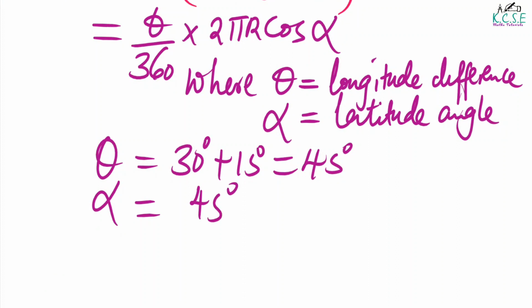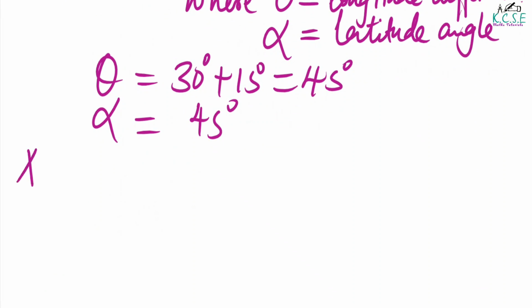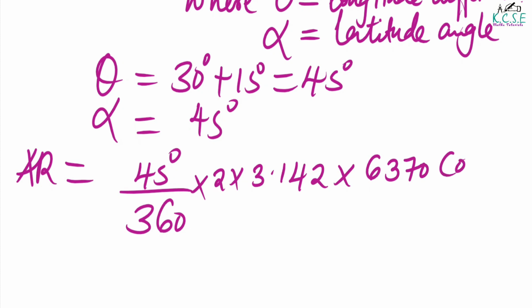After identifying that, we can get the distance. Distance AR is given by theta, 45 degrees, everything divided by 360, multiplied by 2 times pi, which is 3.142, times the radius of the earth, 6370, multiplied by the cosine of the latitude angle, which is 45 degrees.